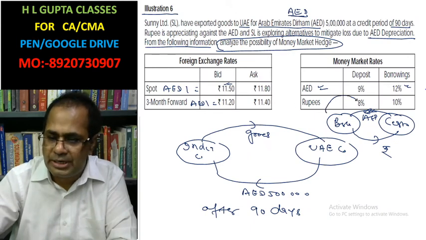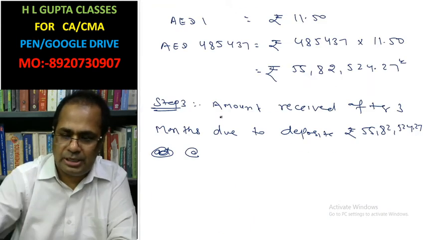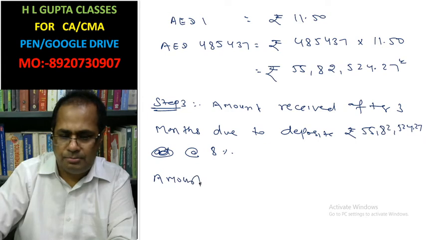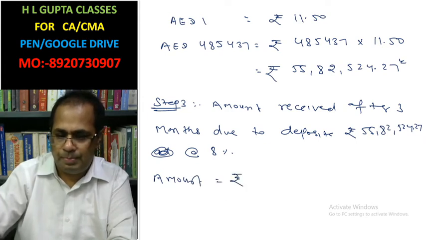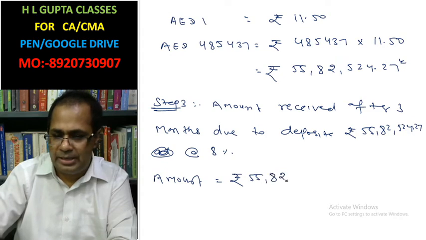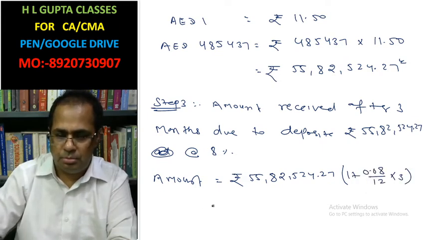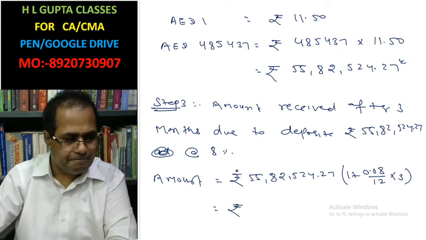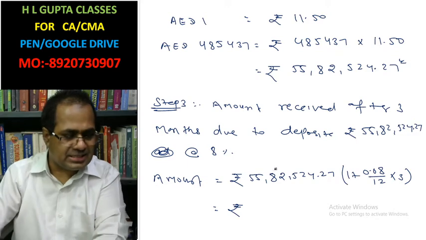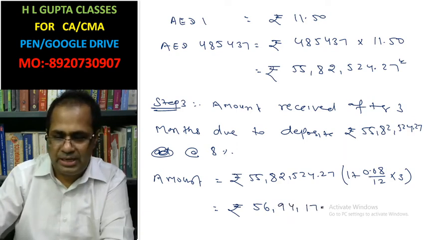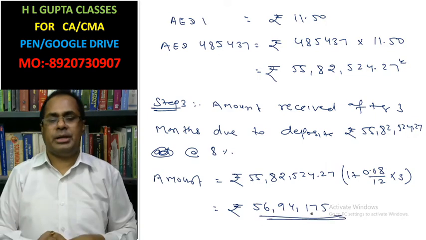In rupees, deposit rate is 8%. Now the amount you have is 55,82,524.27 into 1 plus 0.08 divided by 12 into 3, which is rupees 56,94,175. This was the one alternative.